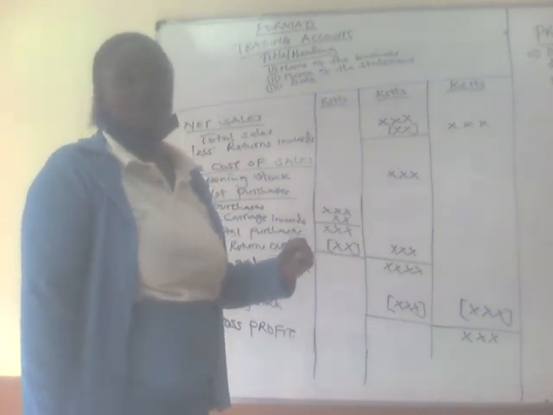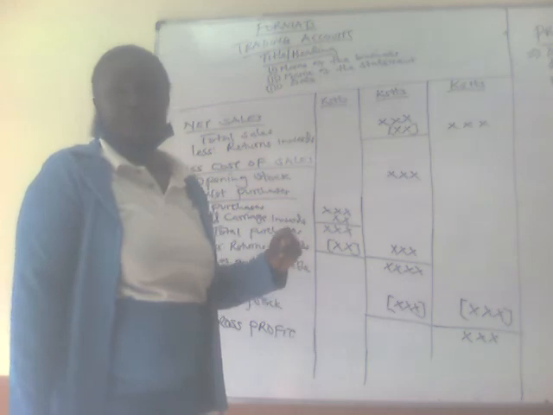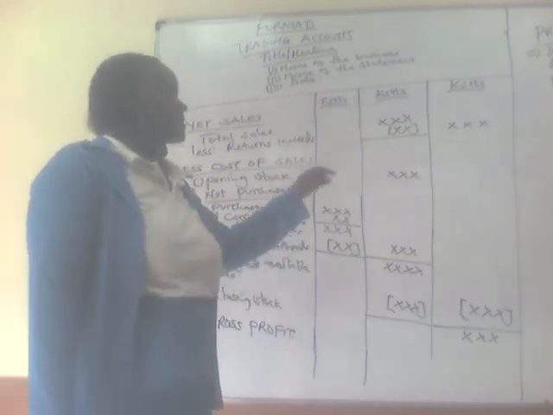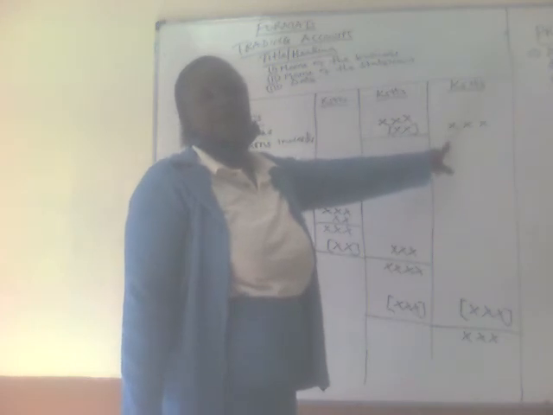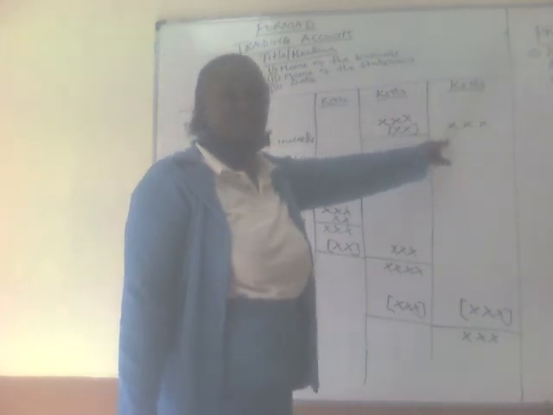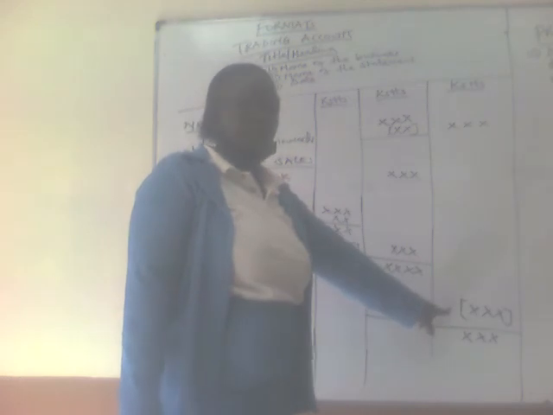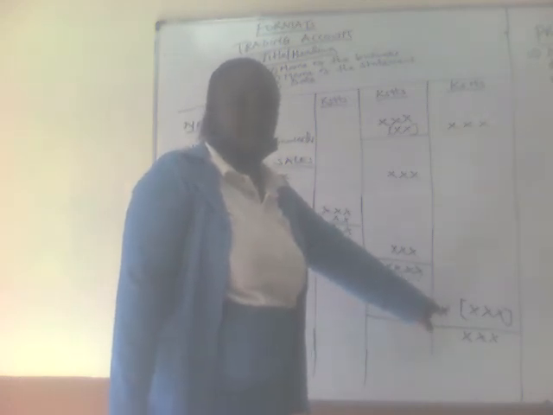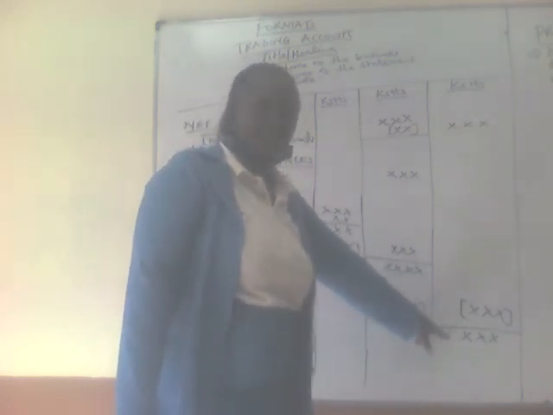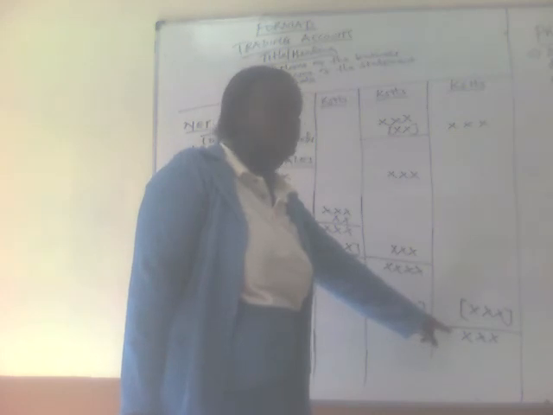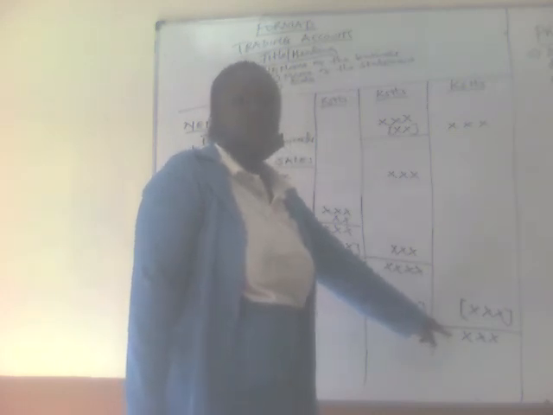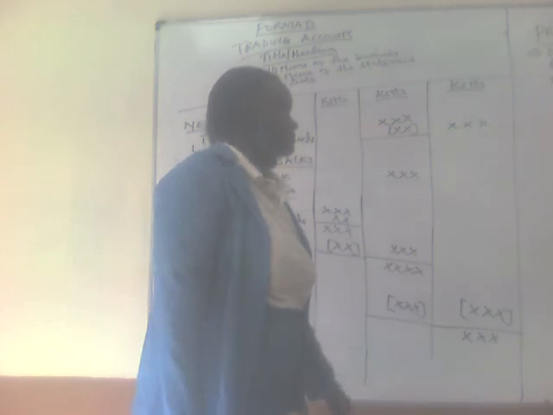Let me be clear. If this net sales is less than cost of sales, the resulting figure, instead of being a profit, is going to be a loss. So it will be gross loss.